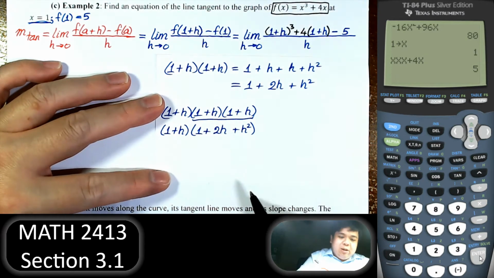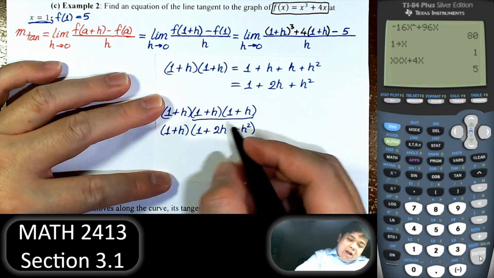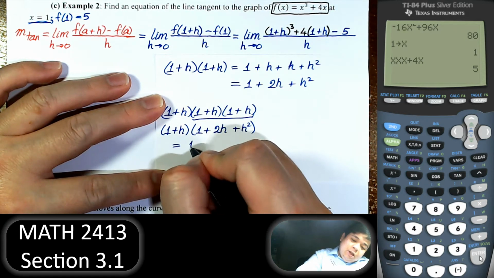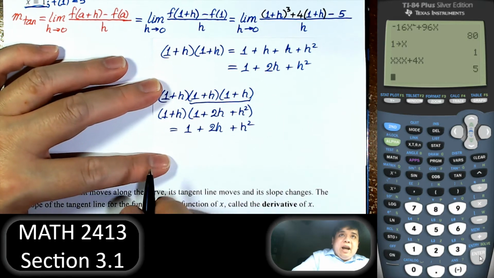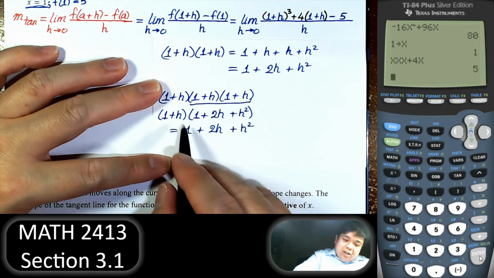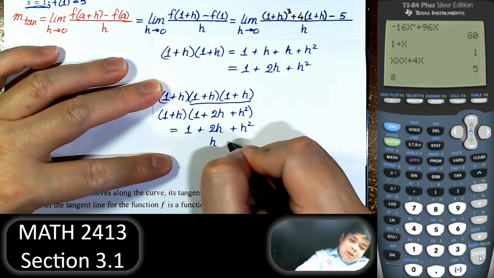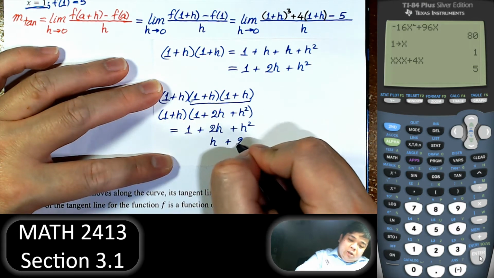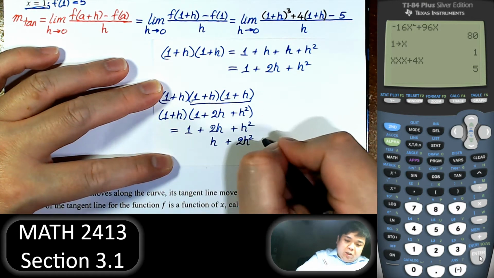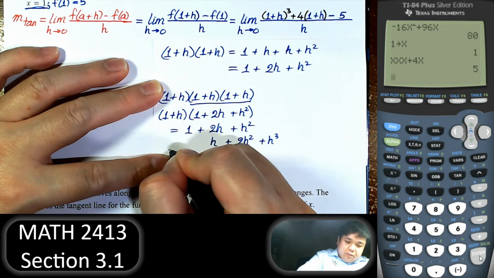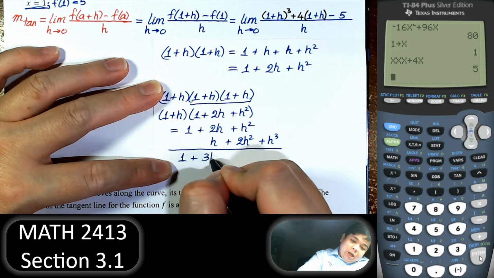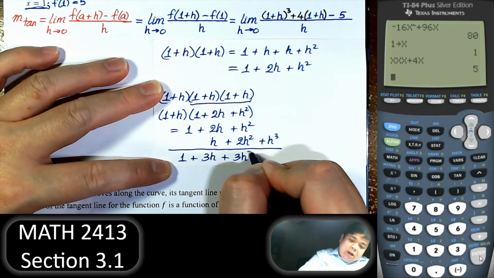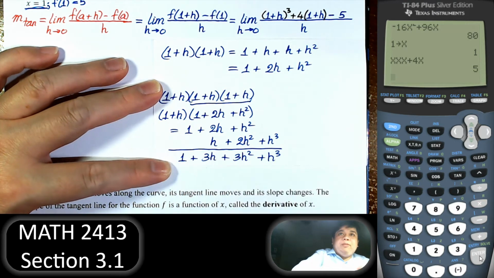Let's multiply this out. 1 times all of that is 1 plus 2h plus h squared. And then h times all of that. H times 1 is h. H times 2h. H times h squared. And when we add them, 1 plus 3h, 3h squared, h cubed.